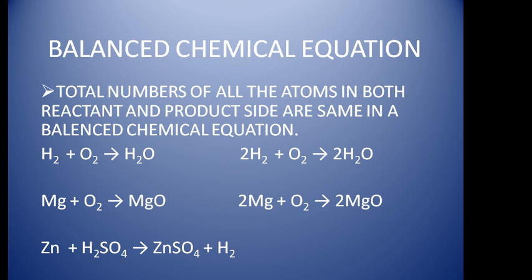Now, balancing of a chemical reaction. What does it mean? Balanced chemical equation. We learned chemical equation, and now what is balanced chemical equation? You see, here you can get this information that hydrogen and oxygen react to form water.